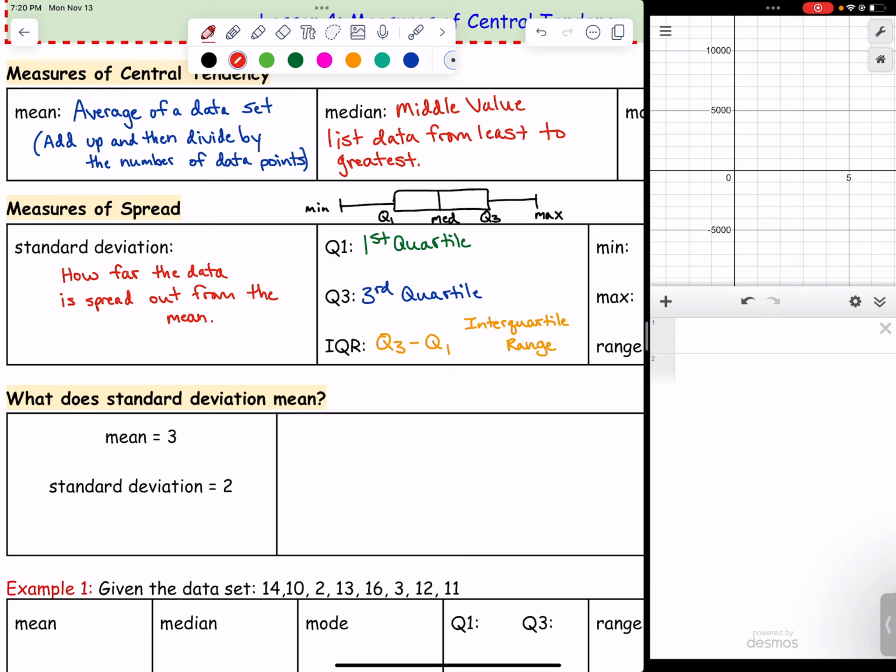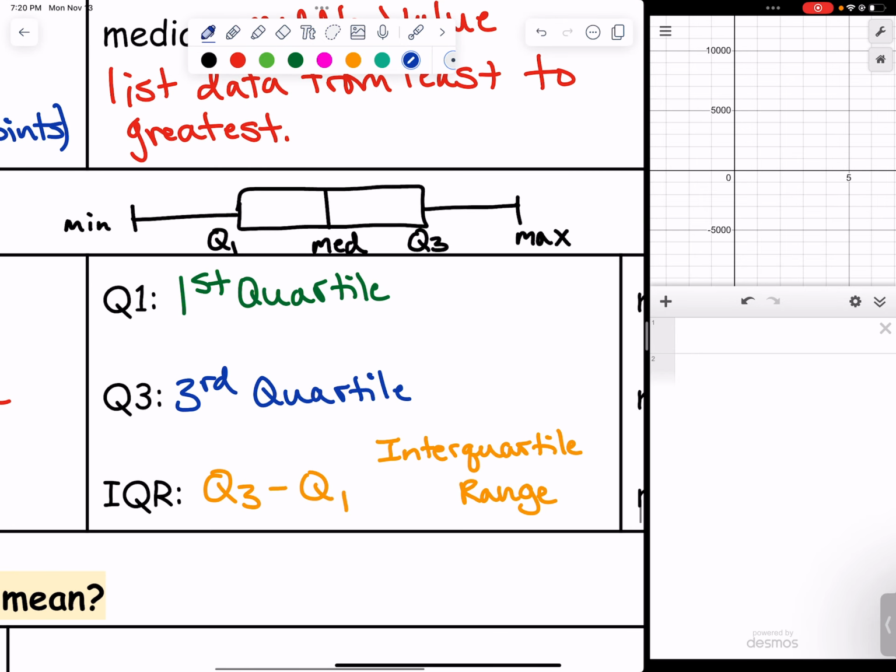And in a box and whisker plot, it's divided up into 25% of our data falls between the minimum value and the first quartile. And then another 25% of the data falls between the quartile 1 and the median. Another 25% is between the median and quartile 3. And then the remaining 25% is between quartile 3 and the maximum.